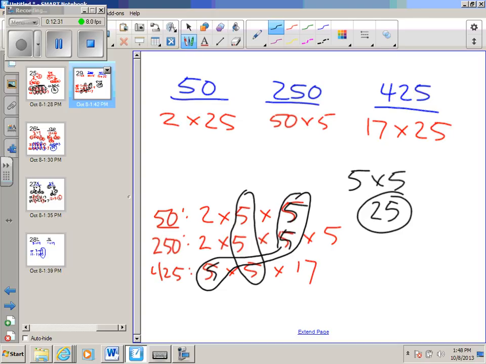Now, worksheet 3-3. It's your second pink one.